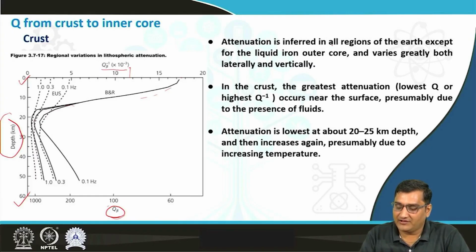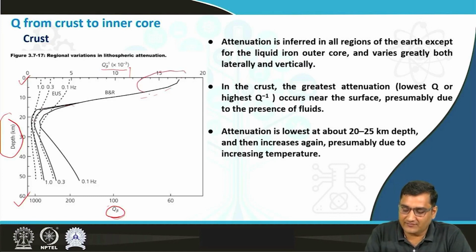Attenuation is inferred in all regions of the earth except for the liquid iron outer core, and it varies greatly both laterally and vertically. In the crust, the greatest attenuation, that means the lowest Q or highest Q inverse, occurs near the surface.